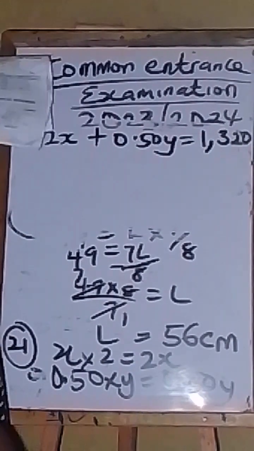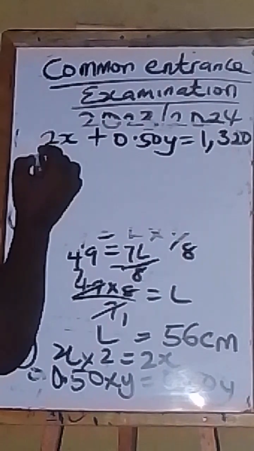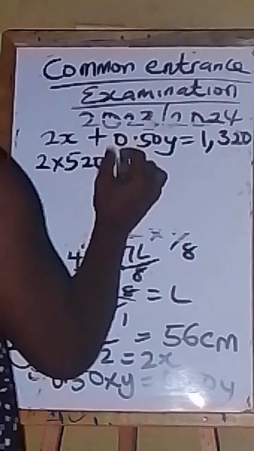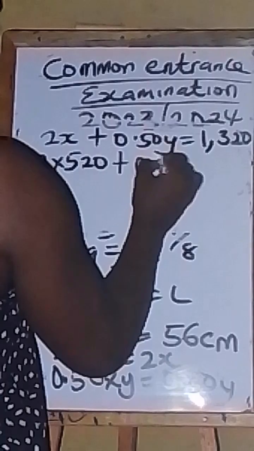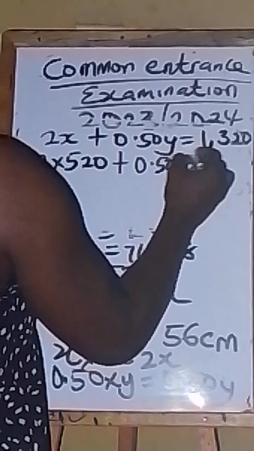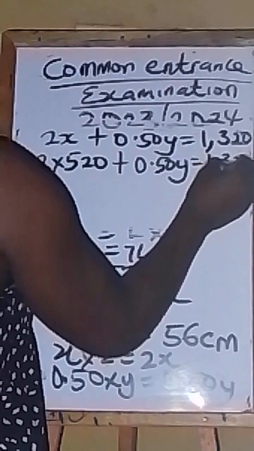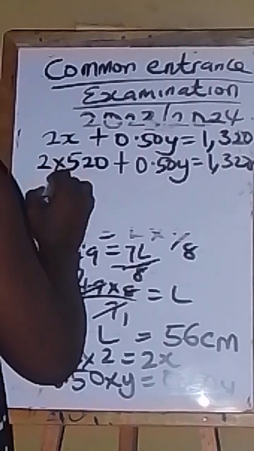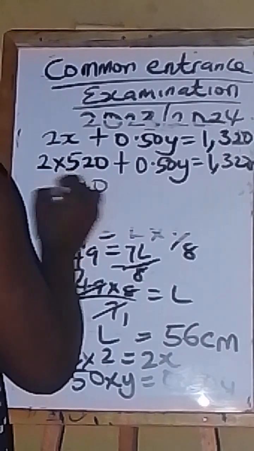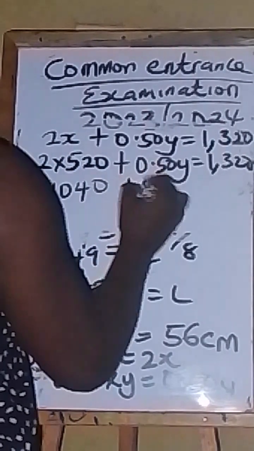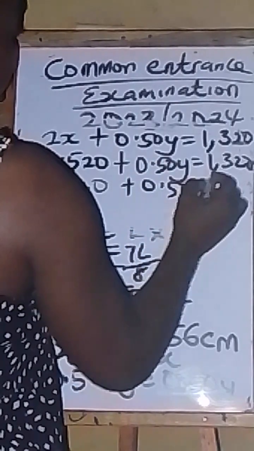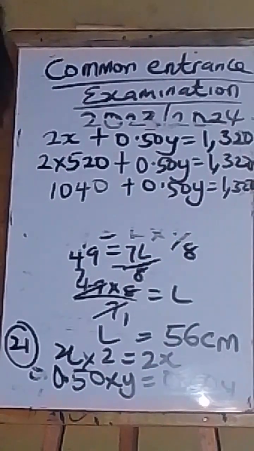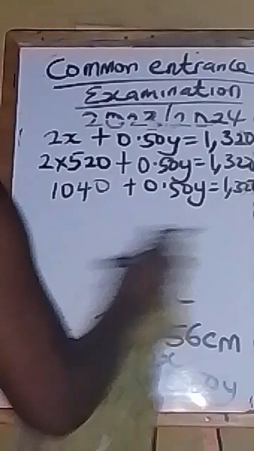But there are 520 men, so 2 times 520 plus 0.50y gives us 1,320. So the men actually contribute 1,040 plus 0.50y equals 1,320. So collect the like terms.